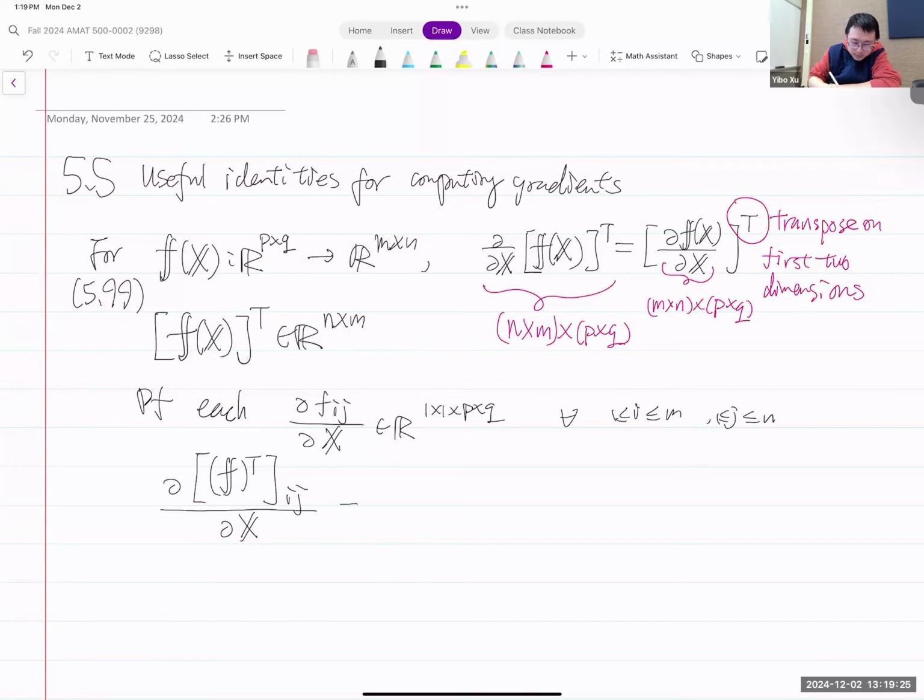So now what's this? F transpose ij is saying, I have F transpose, and I'm taking the ith row, jth column. That element is the same thing as Fji. So this is exactly Fji, and I'm taking the partial.